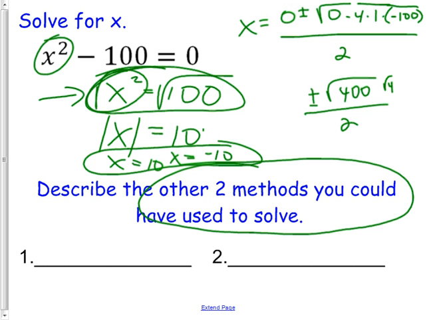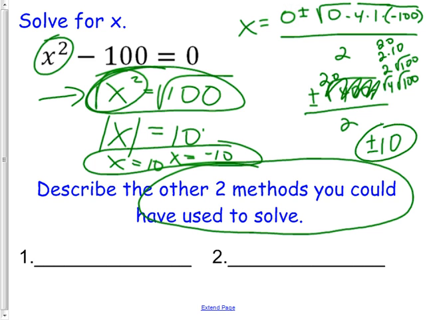Root 4 and root 100, which would be 2 times 10, which would be 20. Square root of 400 is 20. Cool. What's 20 divided by 2? 10. That's why it's plus and minus 10. So quadratic formula works. Get the clump alone works. Or factoring would have worked.